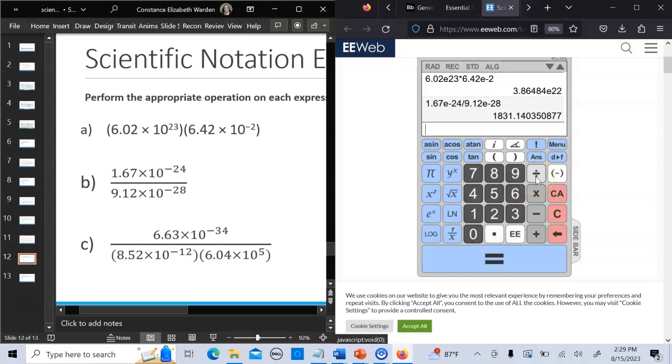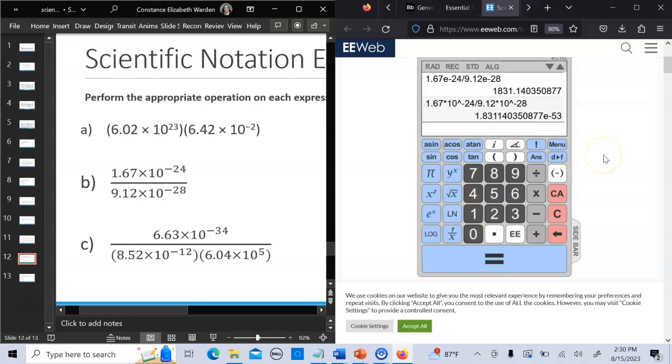Now, if we were to not use the double E key, let's try typing it in the way it looks on paper. If I did 1.67 times 10 and use the YX key, so times 10 raised to the -24th, divided by 9.12 times 10 raised to the power of -28, and hit enter.